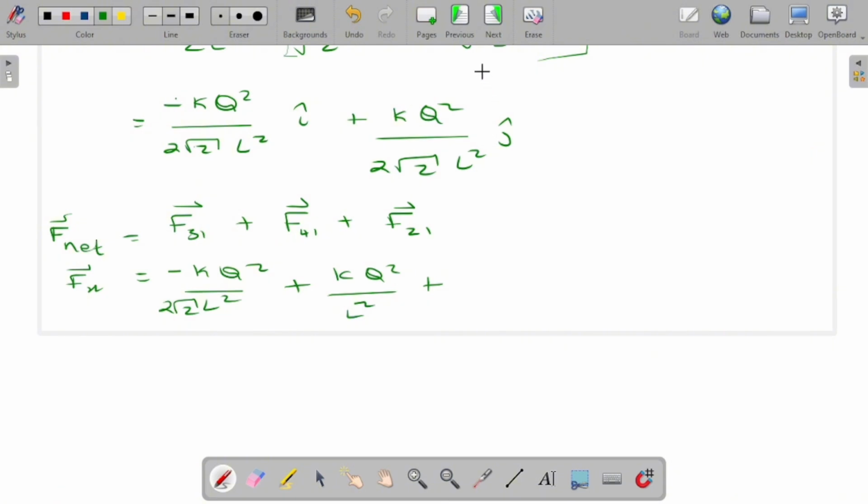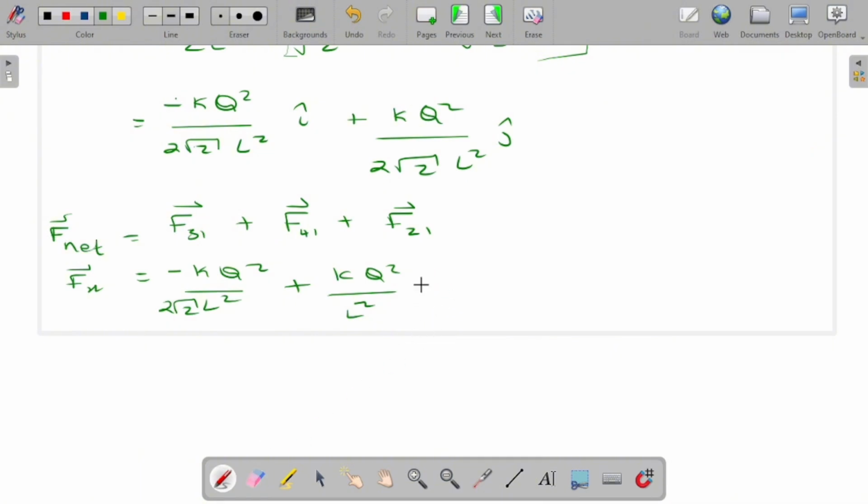Before we move on, let me go back. We only have two components in the X from these three forces. Yes, because one of them was just in the X and the other just in the Y. All right, thank you for reminding me.